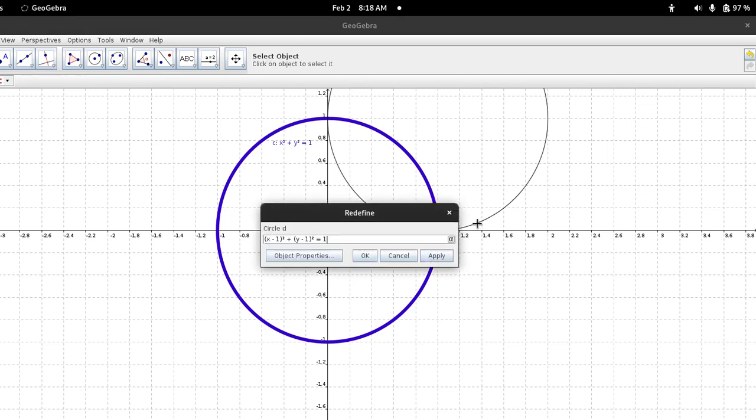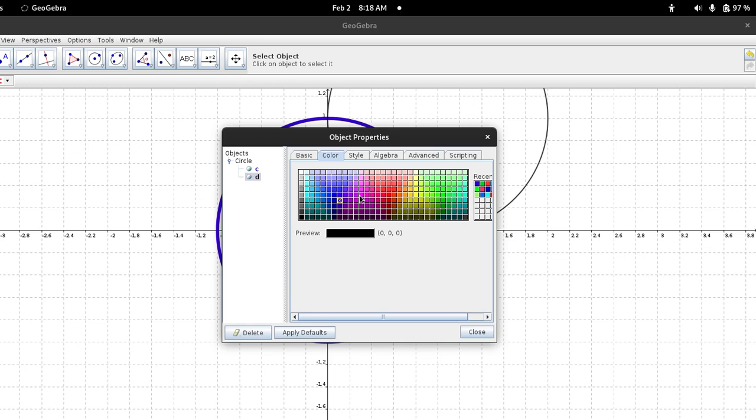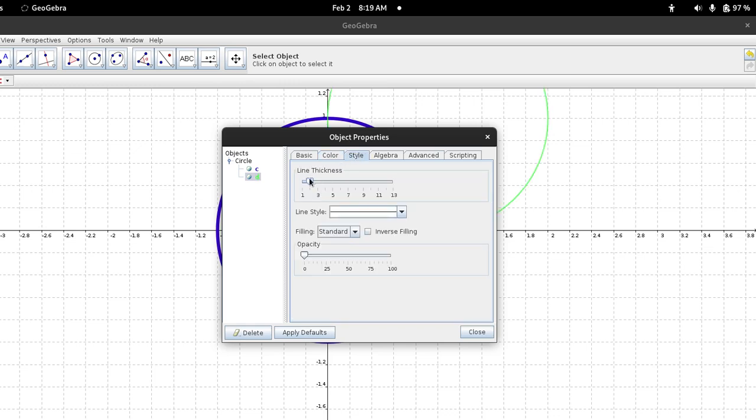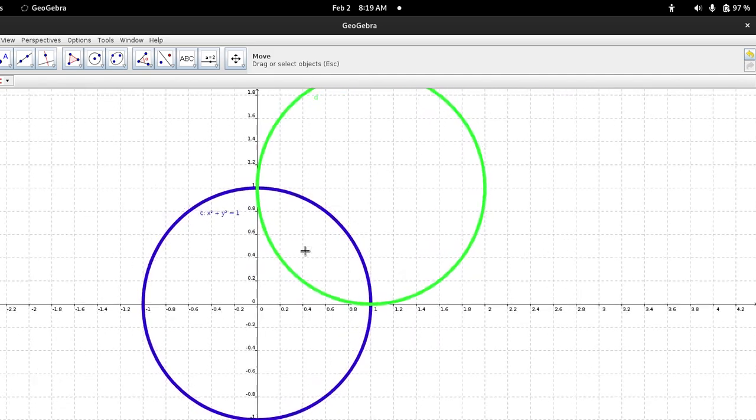So this is our new circle. So both x and y move. We have changes in both x and y because I made both of them move.